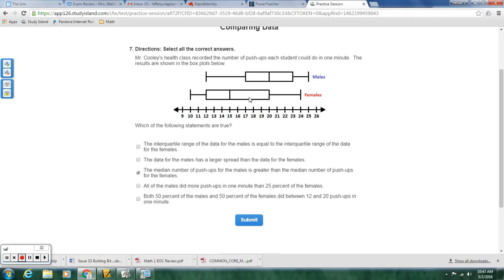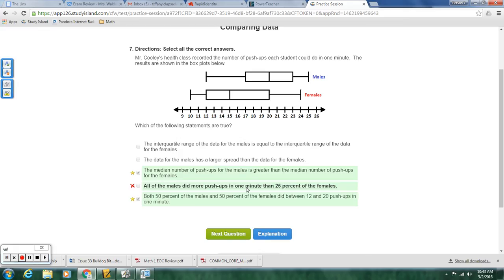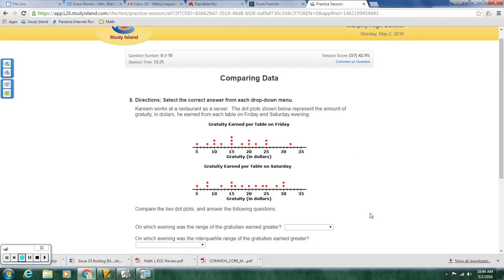Is that 50%? Just keep in mind, I'm trying to steer you in the right direction. Don't get caught up in the semantics, thinking, oh, well, those two equal each other. All of the males are above 25%. So just remember that.